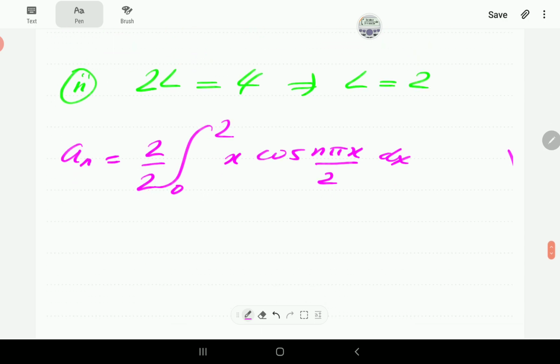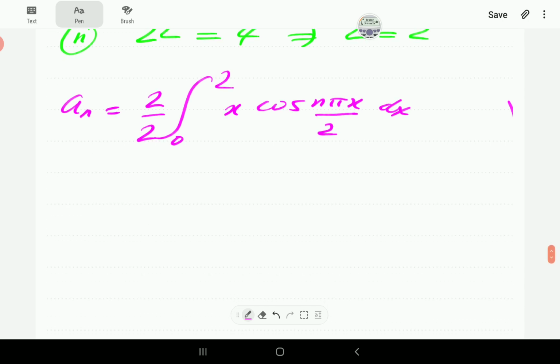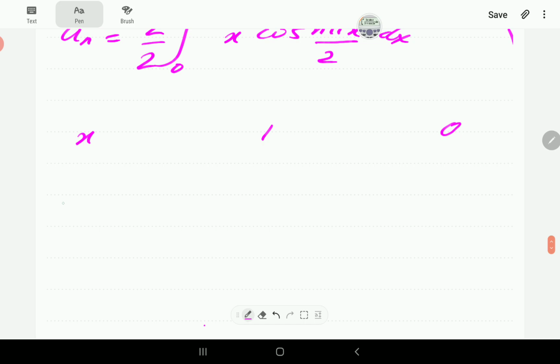Okay, and then again we do that computation. So maybe let's do this one: x here, 1 here, and 0 there. That's our tabular integration, with cosine n pi x over 2.